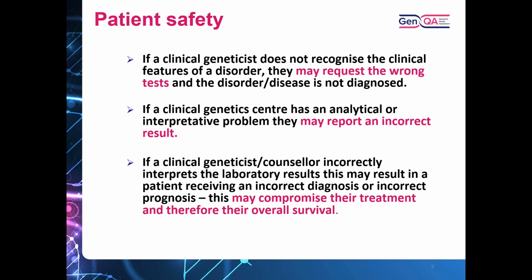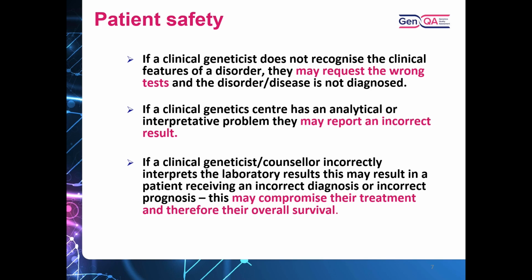The way the EQA is set up will identify the following inappropriate approaches to genetic counselling. If a clinical geneticist does not recognise the clinical features of a disorder, they may request the wrong tests and the disorder or disease is not diagnosed.